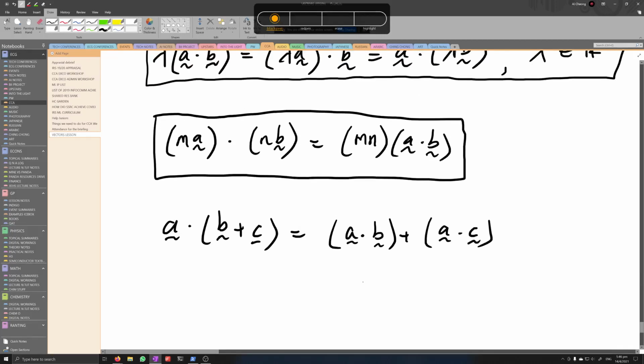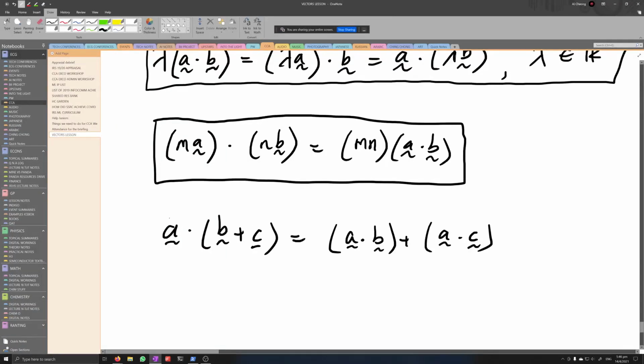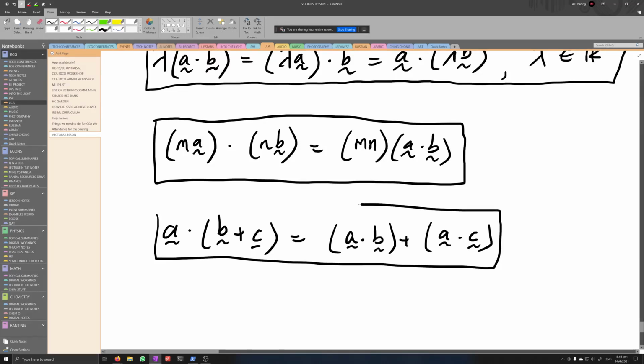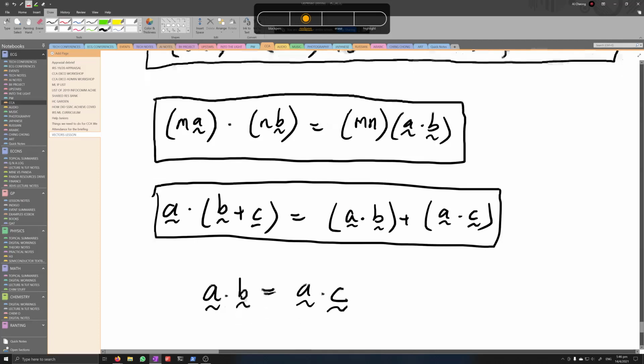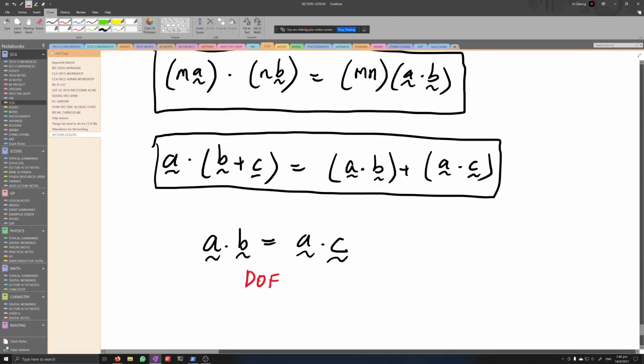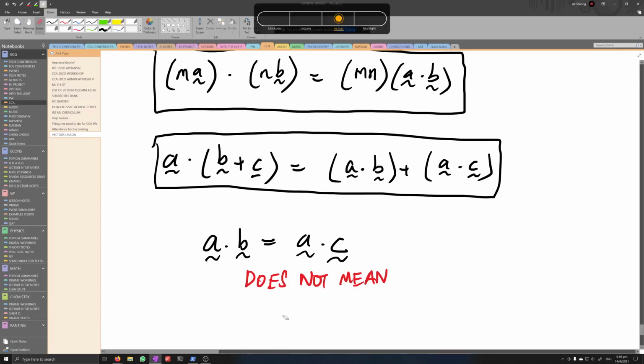Okay? And of course, if you have A dot B equals A dot C, it does not mean that B equals C. No, cancellation doesn't work for vectors.